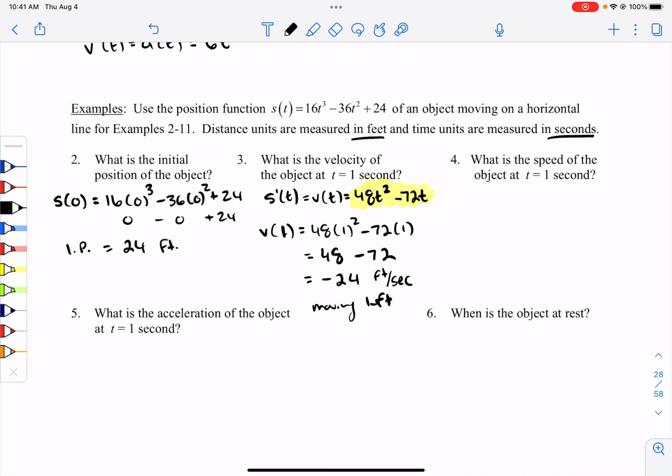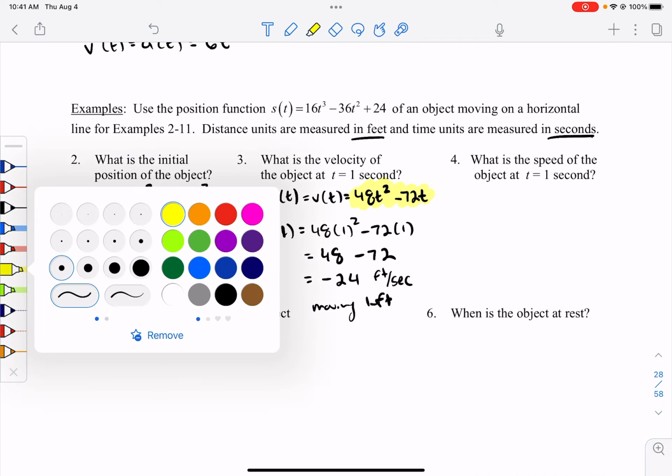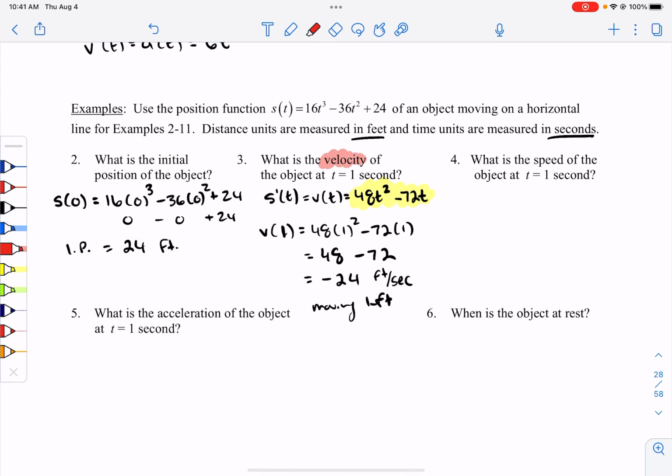All right, number 4. What is the speed of the object at t equals 1? Oh, guys, I promise these two are going to get interchanged. They're going to both come up in the same problem. You've got to be really careful. Speed is the absolute value of velocity. So if my velocity is negative 24 feet per second, the speed is just 24 feet per second.